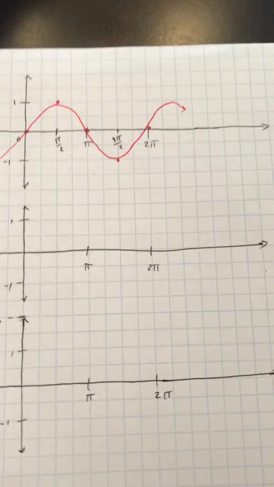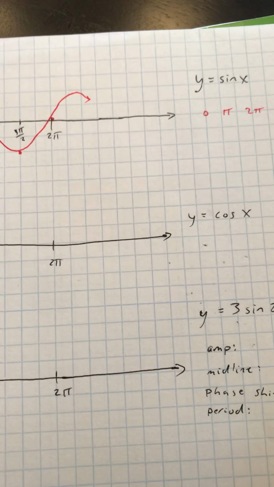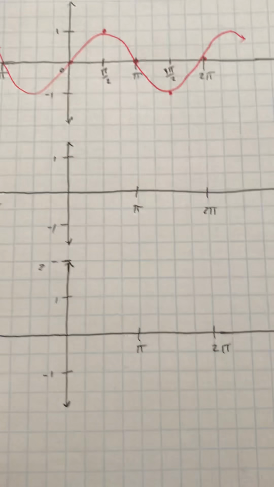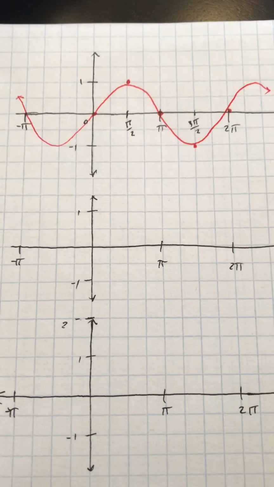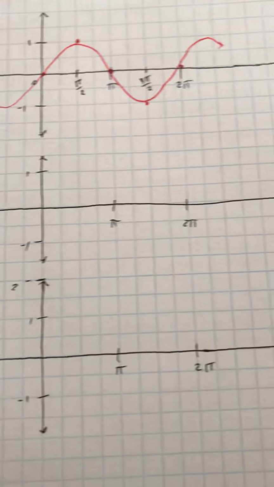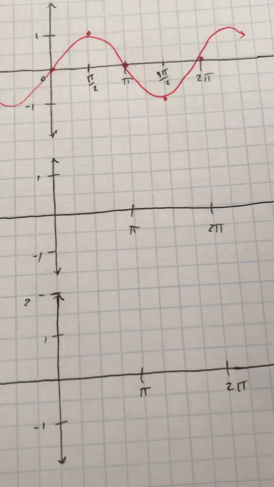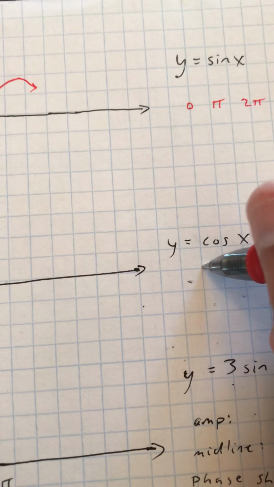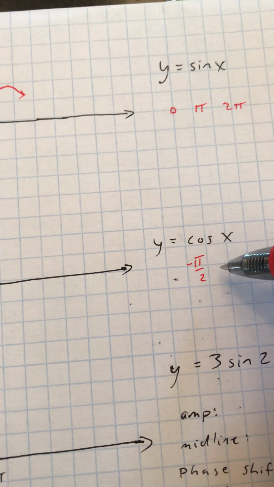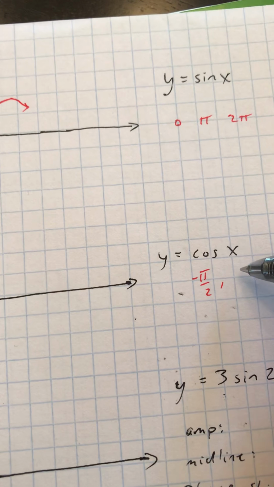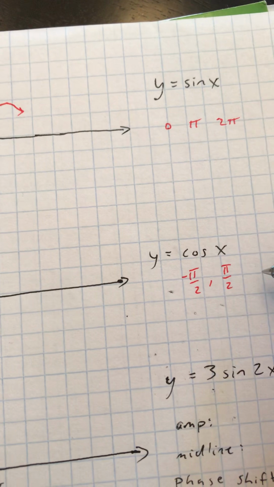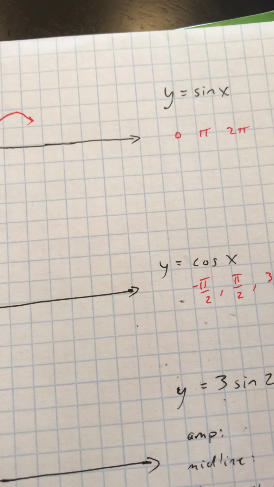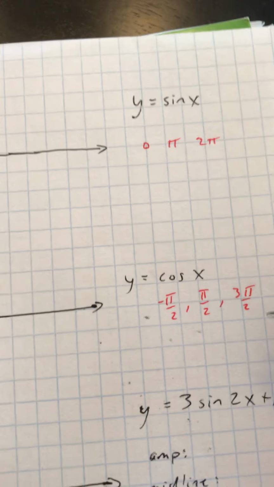The cosine function is essentially a shifted version of the sine function. It is shifted back, technically, pi over 2 radians. So the cosine function is going to cross the axis at negative pi over 2, or negative 1/2 pi, or negative 90 degrees, pi over 2, or 90 degrees, and then 3 pi over 2 radians.